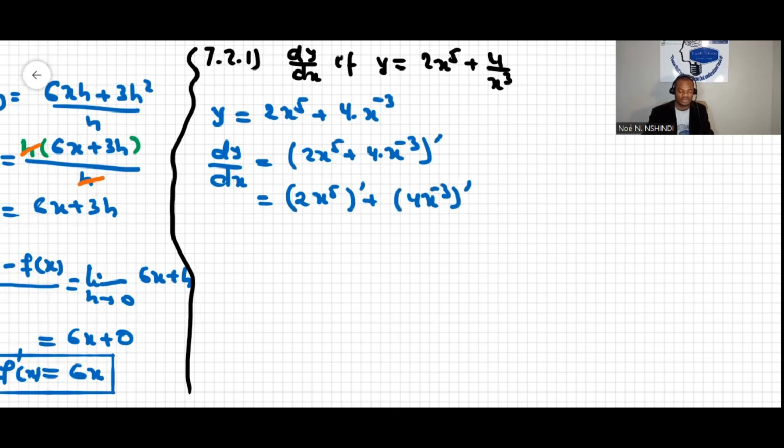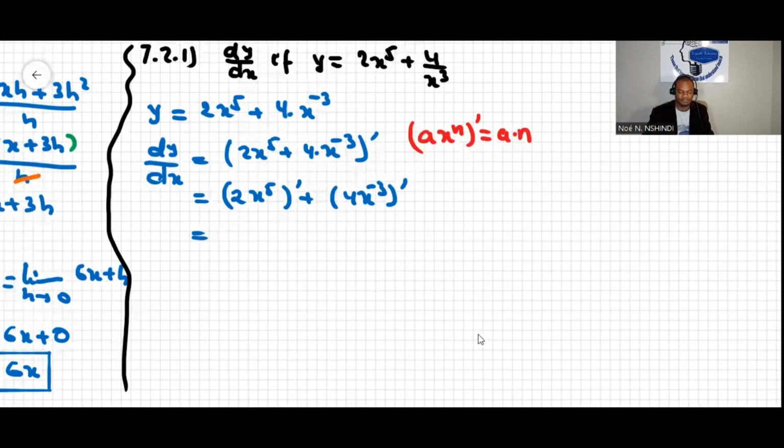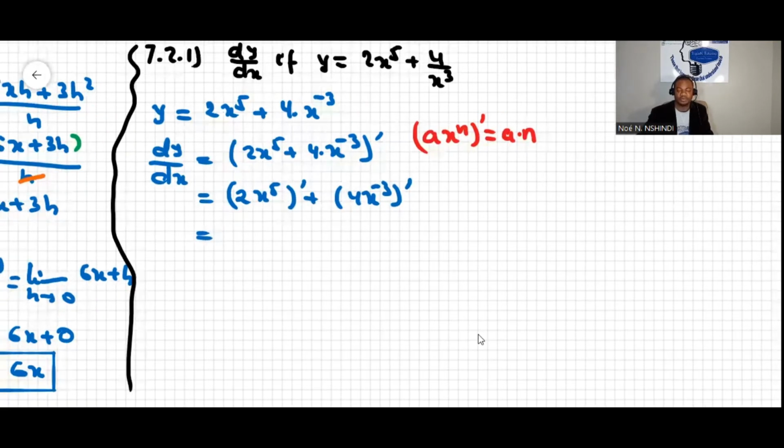Now, according to the formula for differentiation, if you have the derivative of a x to the power of n, this is just a times n times x to the power of n minus 1.